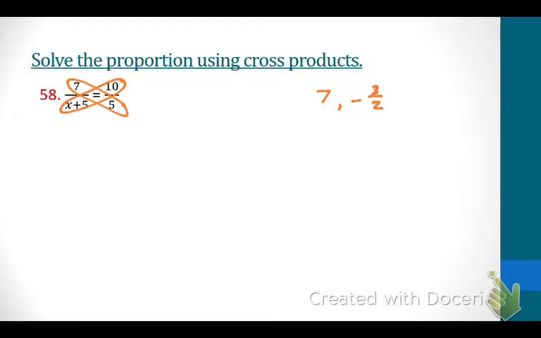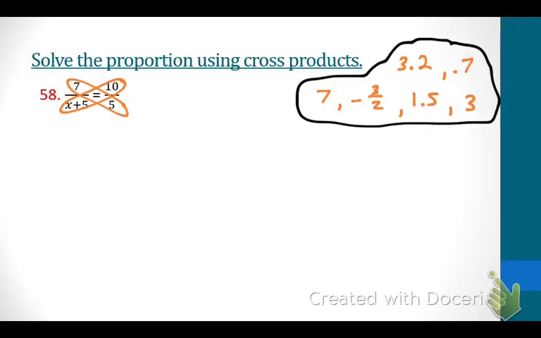Okay, what else do we have? Matthew? 1.5. Who has a different one? Positive 3.2. Who has another one? 0.7. Okay, how many of you would say you do see your answer up there? Okay, let's see here in just a minute what the correct answer is.